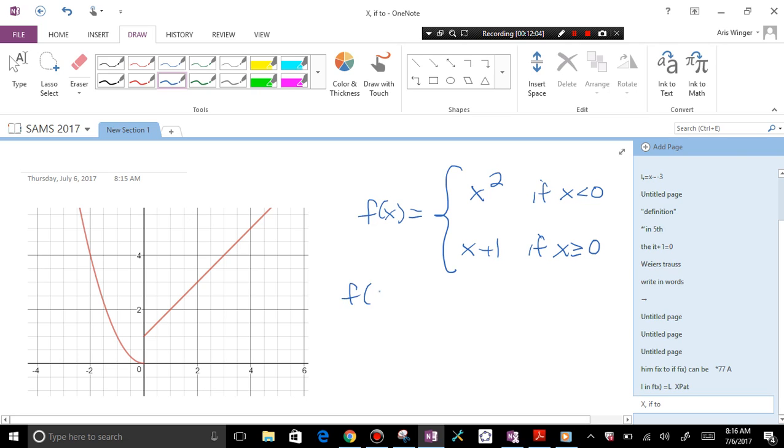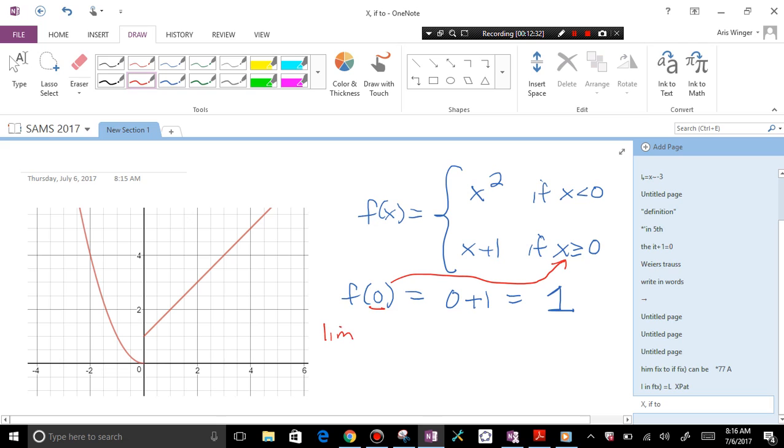F of 0 is 0 plus 1, which is equal to 1. This 0 corresponds to the condition x is greater than or equal to 0, so 0 belongs to the second branch of this function. F of 0 is 1.